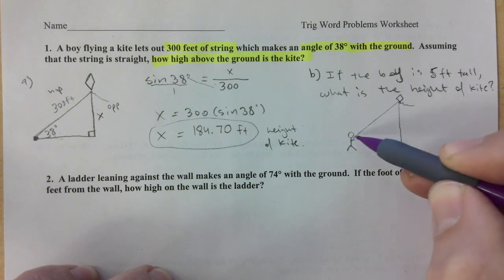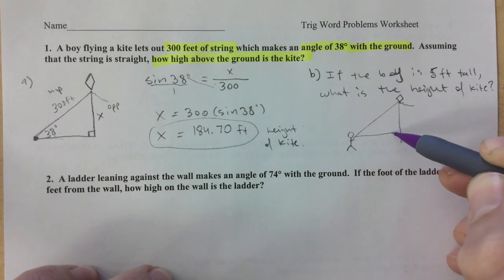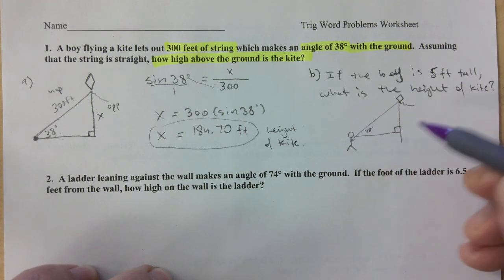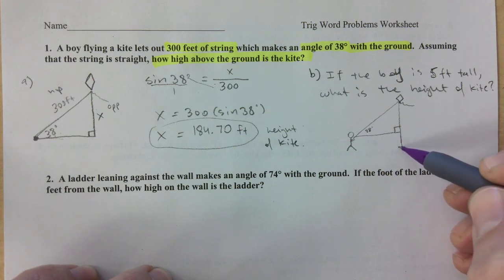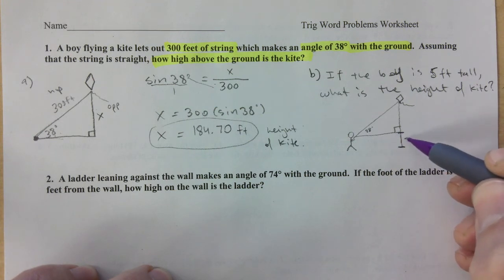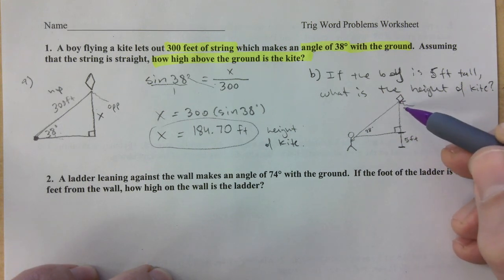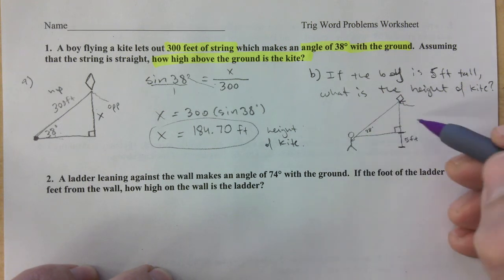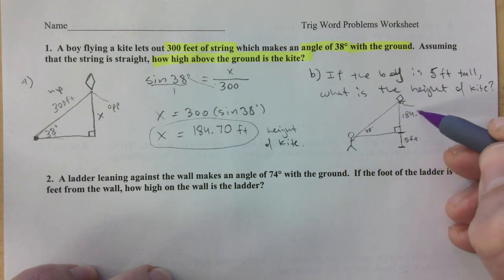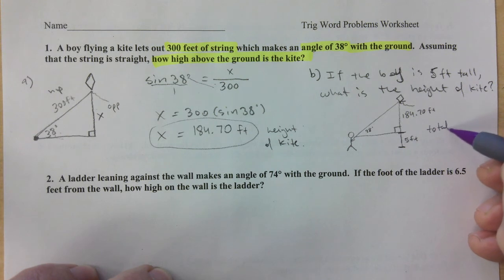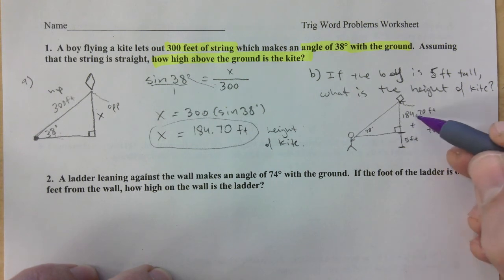This is the triangle we looked at earlier, 38 degrees. We know that the height of the boy is 5 feet, and we just figured out that the height of the kite above the hand is 184.70 feet. So we just have to add these two up.